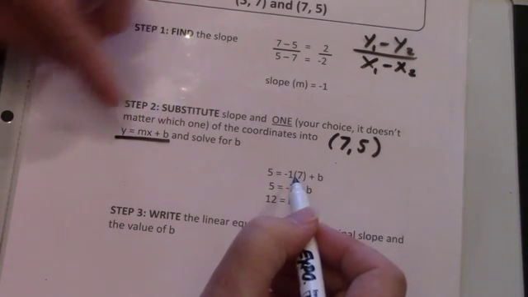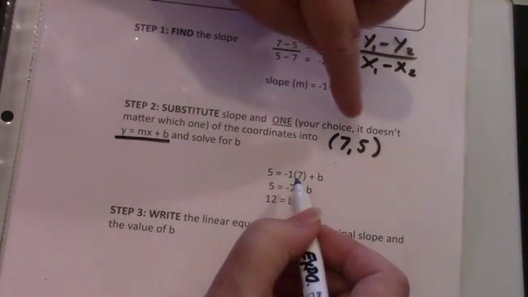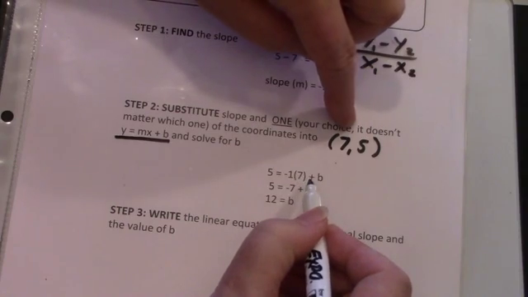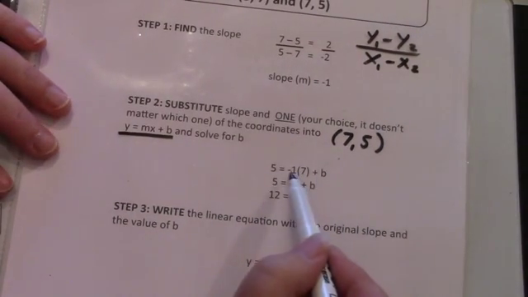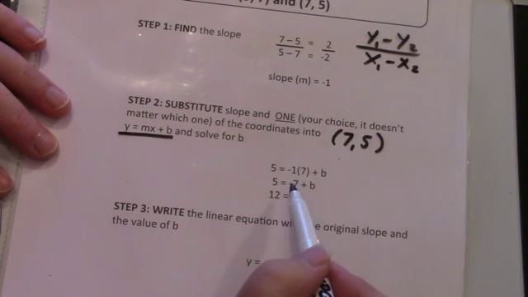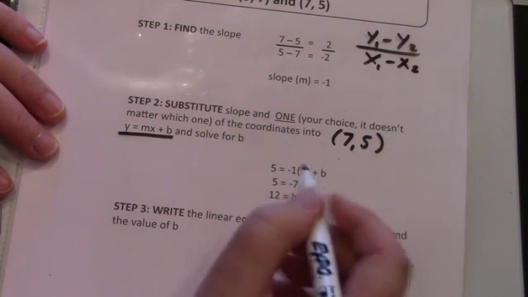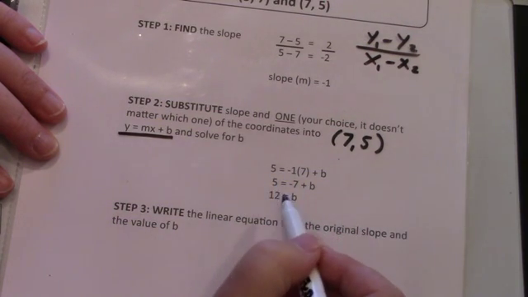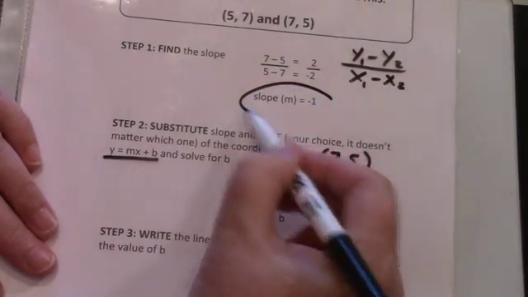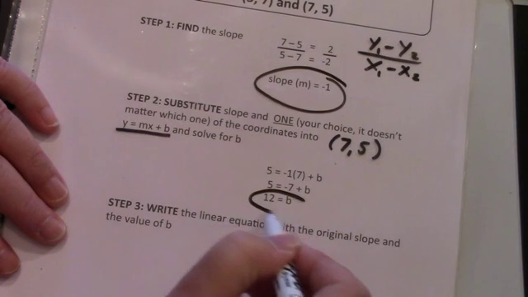And now we put in our x value, which in this coordinate is 7, and then we find out what b is. So we get 5 equals negative 1 times positive 7, which is negative 7. We add 7 to both sides. 5 plus 7 is 12. Now we have the information that we need. We have figured out our slope, and now we have b.